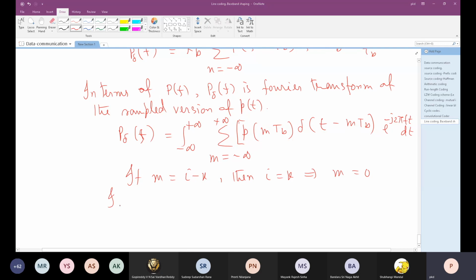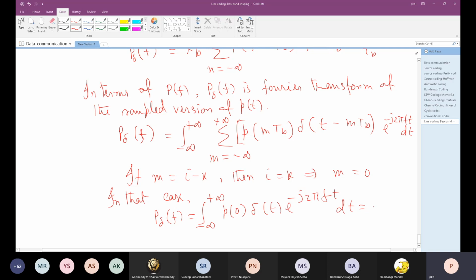In that case, we can write P delta(f) equal to the integral from minus infinity to plus infinity of p(0) delta(t) exponential of minus j 2 pi f t dt.